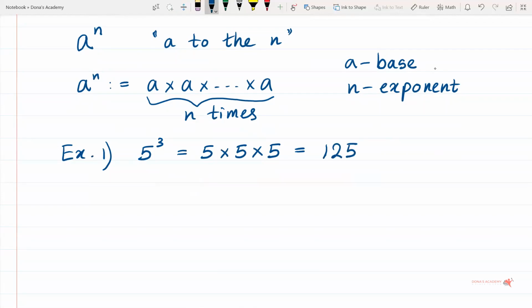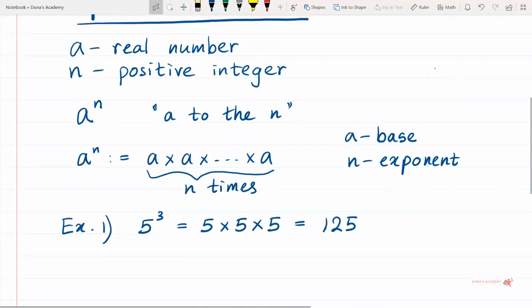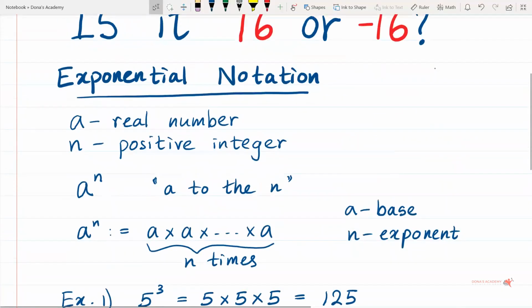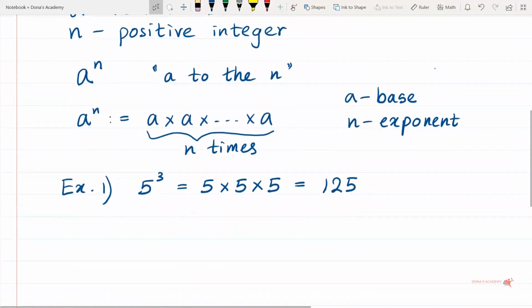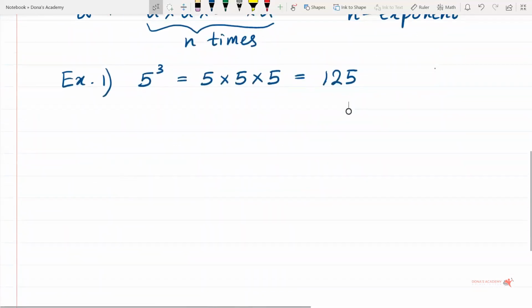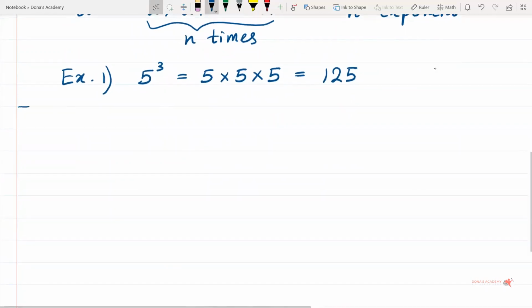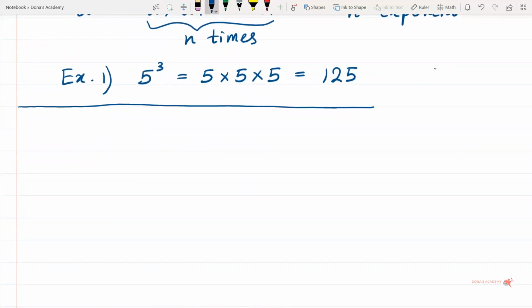All right, so we learned the exponential notation and the meaning of that notation. Now let me introduce some laws of exponents.